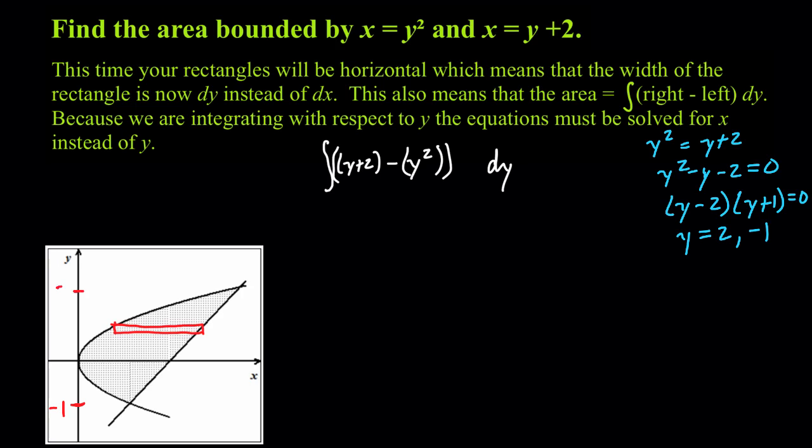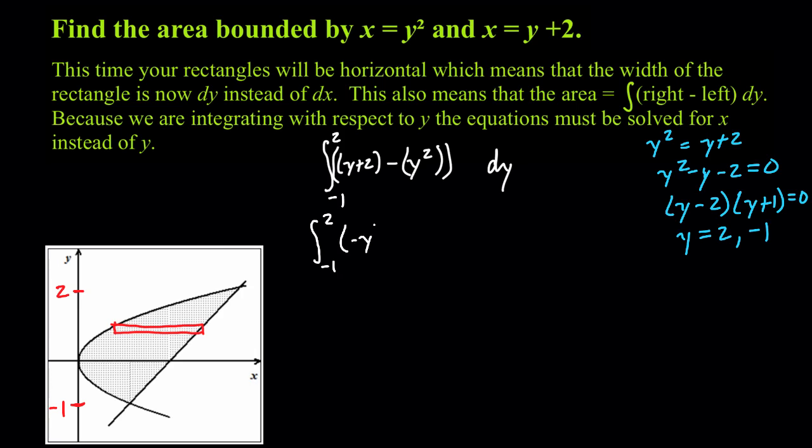So negative 1 is the y value where they intersect down here, and 2 is the y value where they intersect up here. Building our equation then, it is going to be the integral between negative 1 and positive 2. I'm going to clean this up a little bit before actually doing the antiderivative.